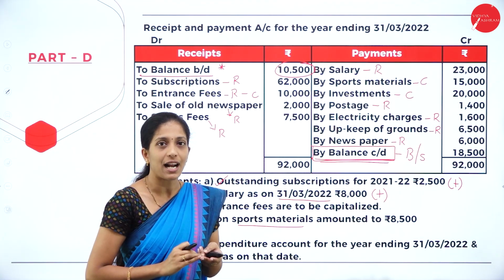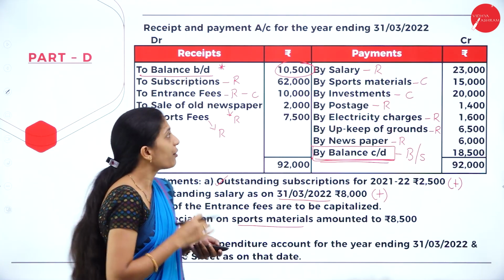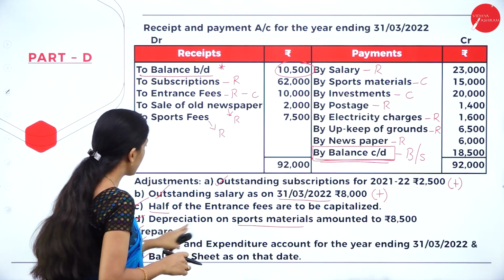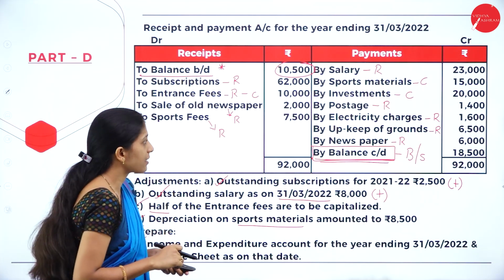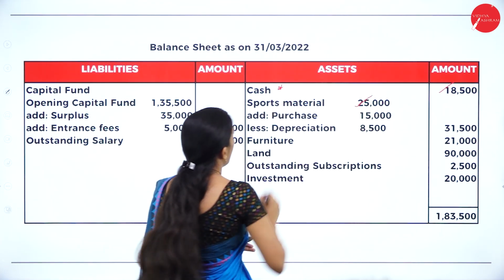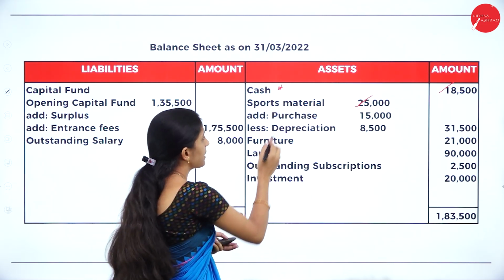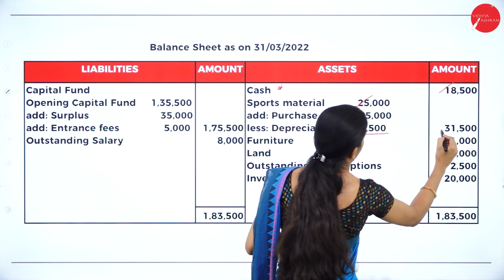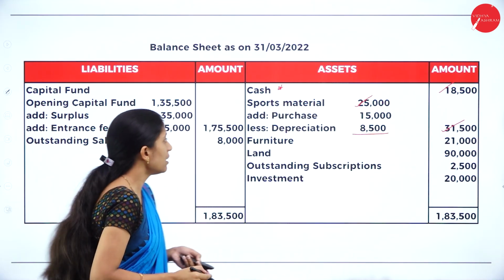So we have to add it. Then we have depreciation, which we have to subtract. So sports material 25,000, add purchase in the receipt and payment account 15,000, less depreciation 8,500. Total is 31,500.